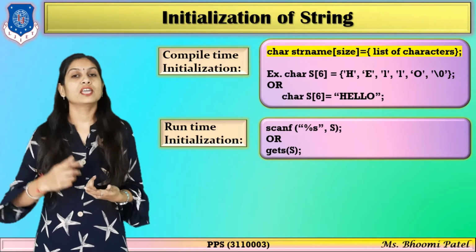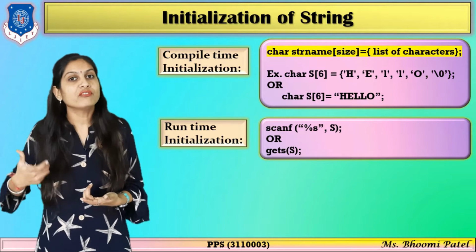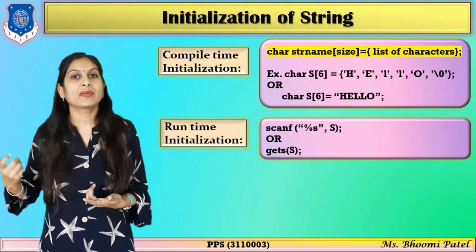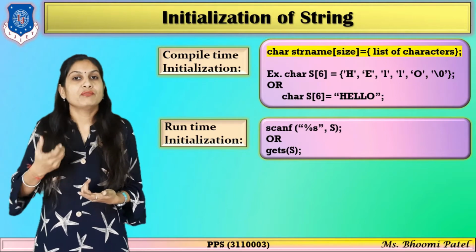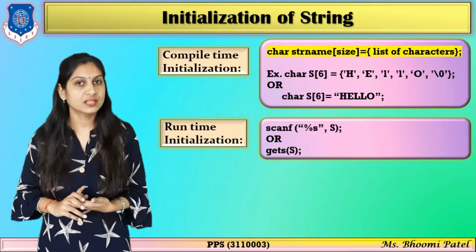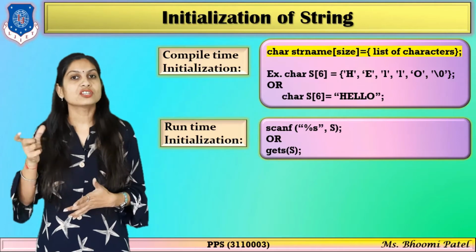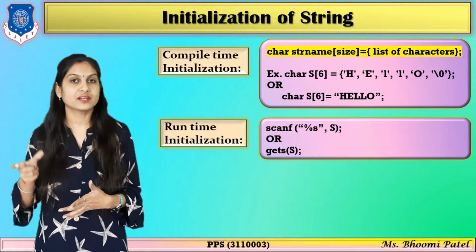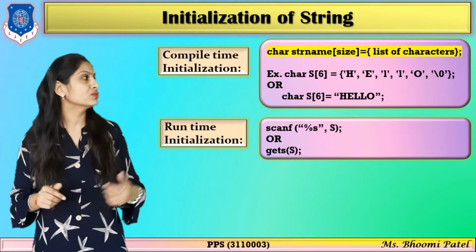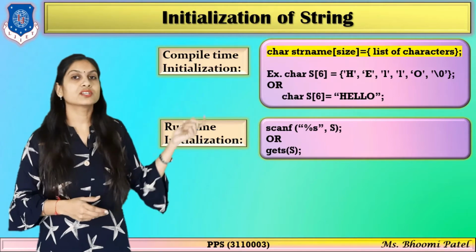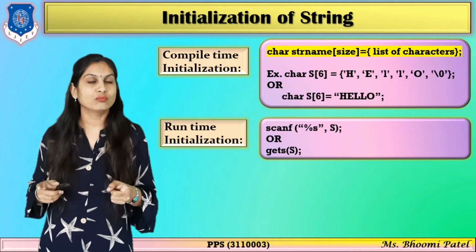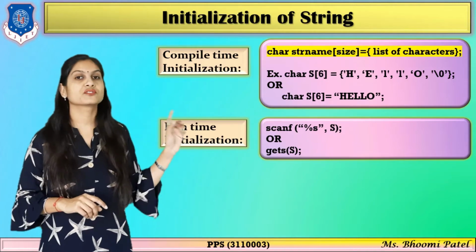If your string contains a space, then everything after the space is discarded and only the first part before the space is stored in your string. So when your string has a space character, you must use the second method, that is the gets function, and gets has only one argument in brackets, that is the string name.